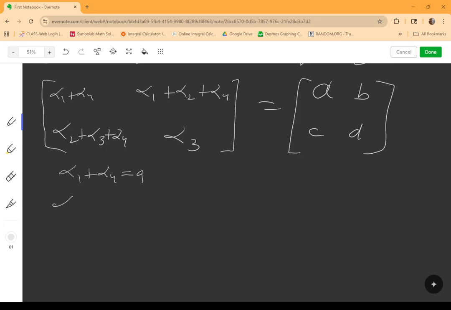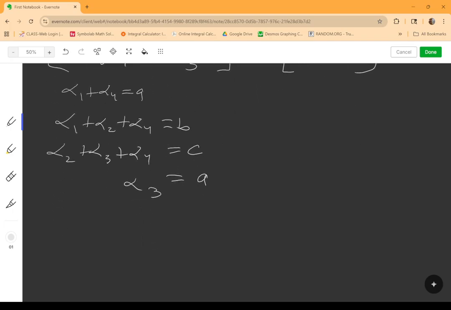And then alpha 1 plus alpha 2 plus alpha 4 is equal to B. And then alpha 2 plus alpha 3 plus alpha 4, that's equal to C. Alpha 3 equals A. All right. So what I did here, I rearranged the rows, which I'm allowed to do, right? Row operation, you can swap rows out.